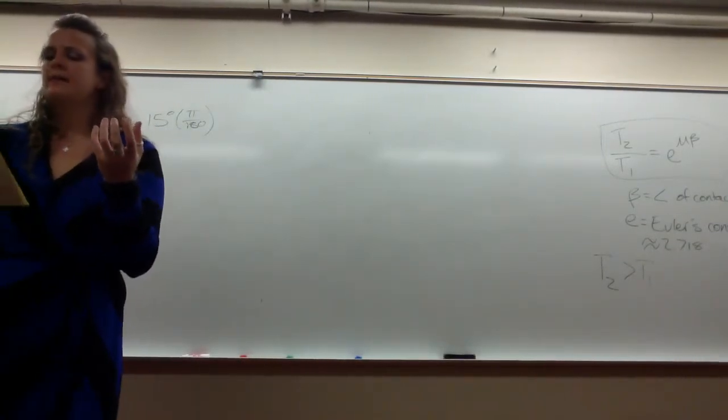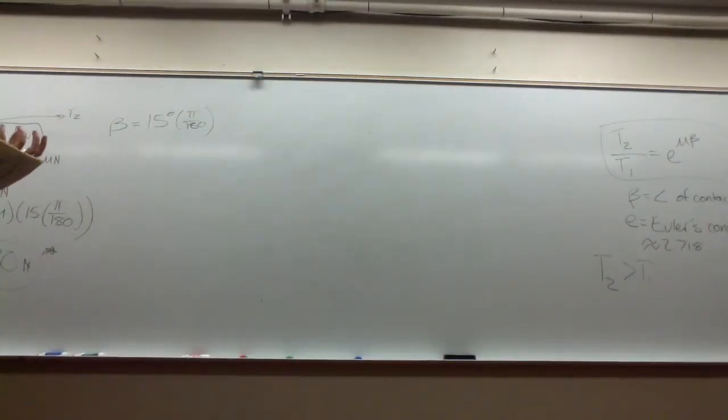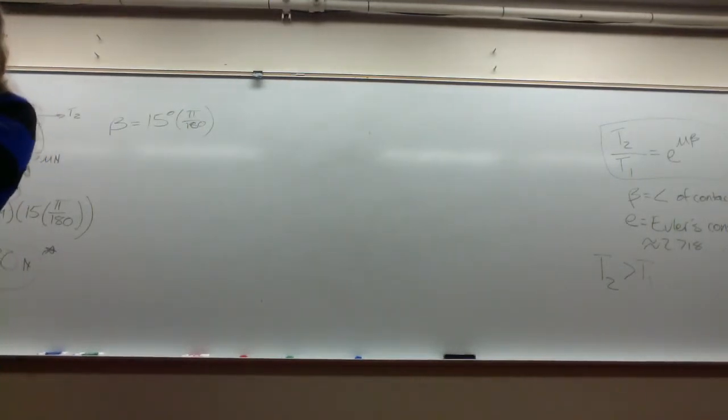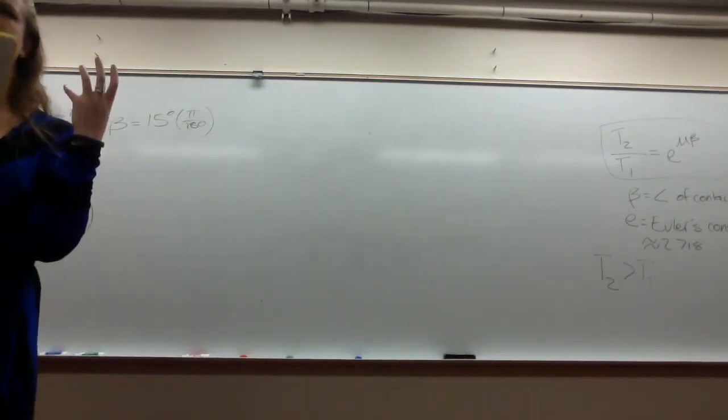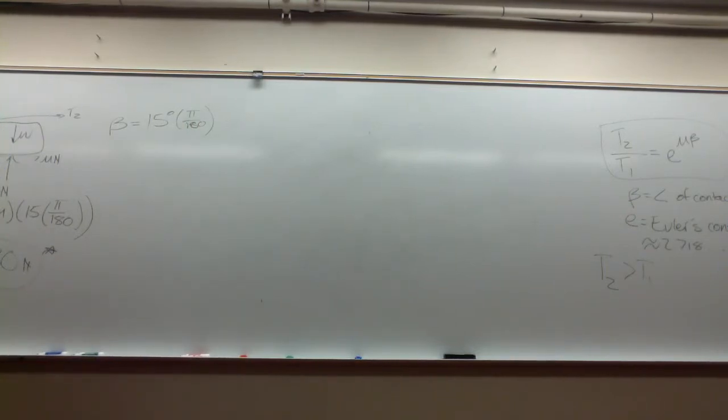With this machine, how many free body diagrams are you going to use? 4? 2, right. If we analyze this as a machine, there are 4 things going on, but the masses aren't really interesting, because we know the tension has to be equal to the weight.